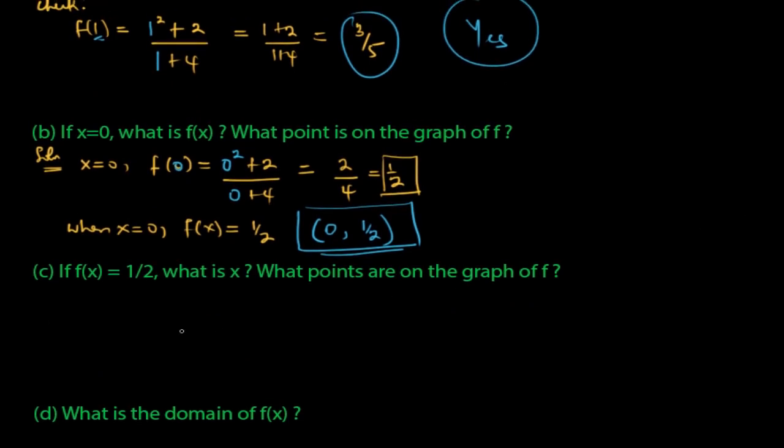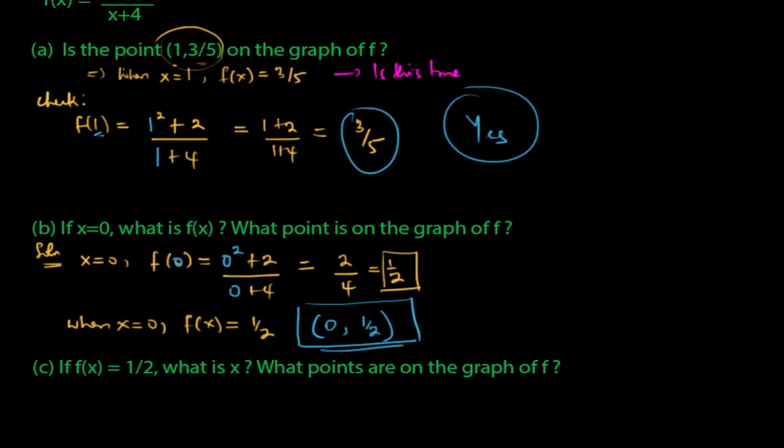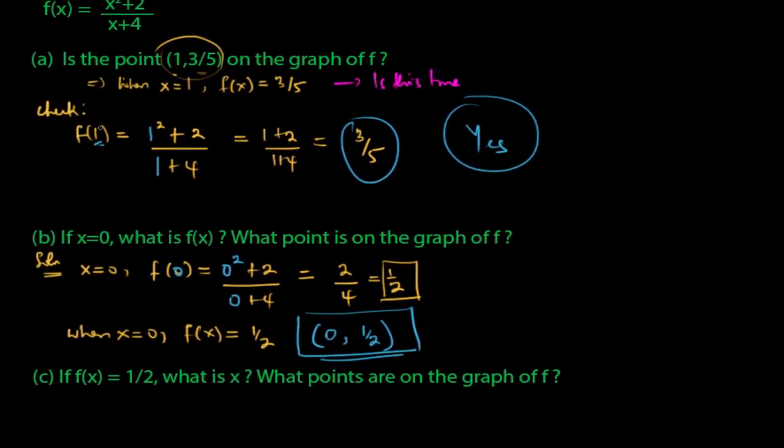So let's go to the next question. It says, if f of x equals 1 over 2, what is x? The f of x we're given is f of x equals x squared plus 2 divided by x plus 4.